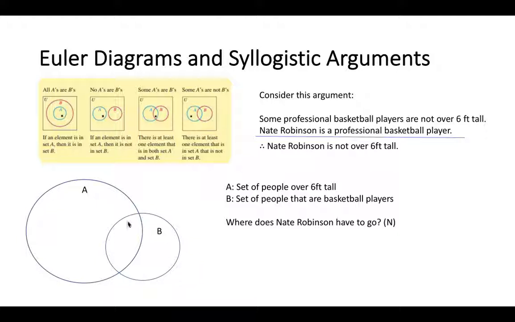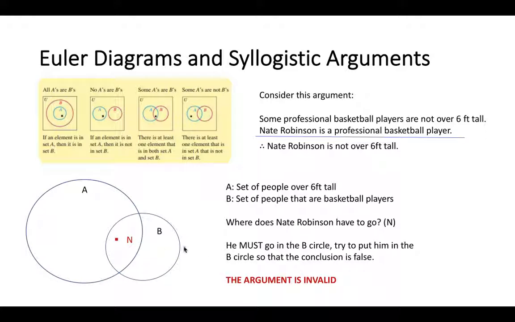He has to go in the B circle. You have to assume all the premises are true. But he doesn't necessarily have to go outside of the A circle. The only obligation I have is to put him in the B circle. I have no obligation to keep him outside of the 6 feet tall people. That's why this argument is not valid. It is invalid.